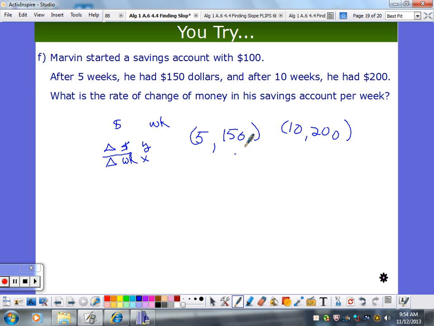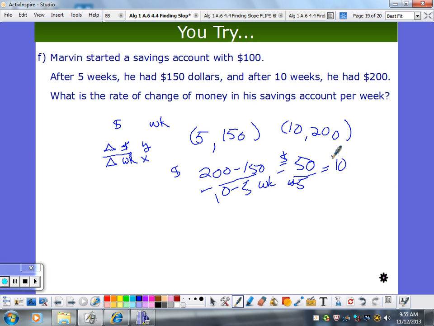So now I can say it's 200 minus $150 over 10 minus 5 weeks. So it's $50 for 5 weeks, which is the same as $10 for 1 week. So $10 per week. Right? That what we got? That's what I got. Questions?